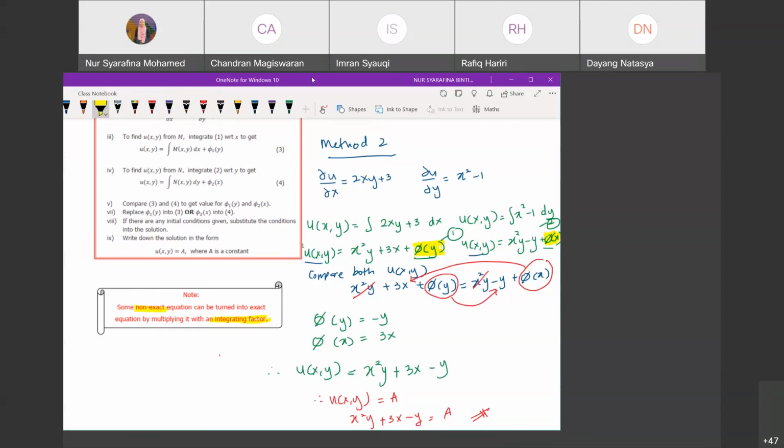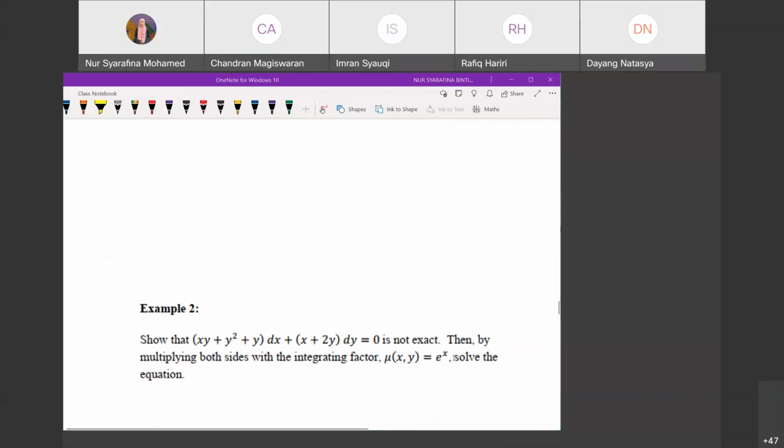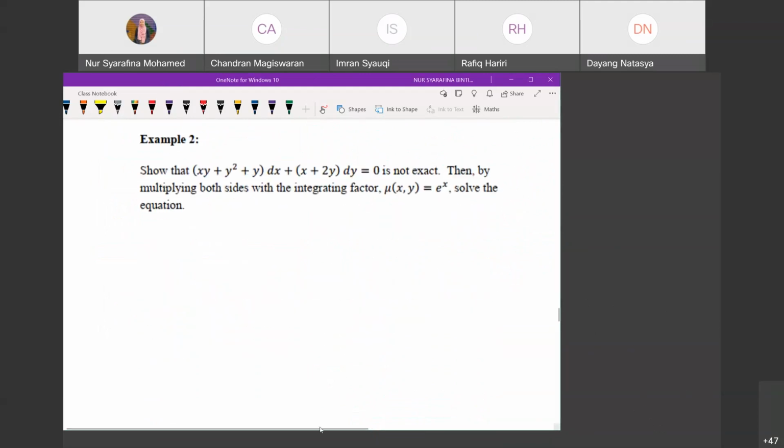Let's take a look at the second example. Show that (xy + y² + y) dx + (x + 2y) dy = 0 is not exact. Show that first. How can you show whether this is exact or non-exact? Show this first.